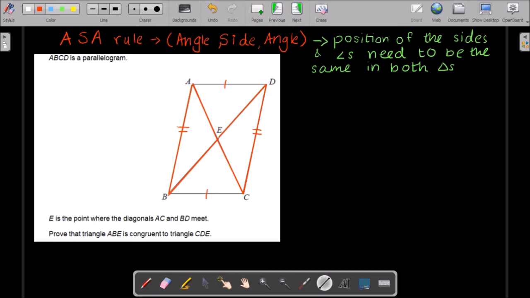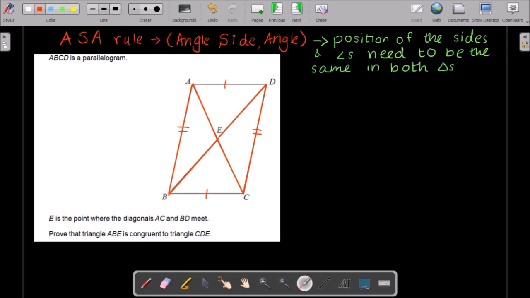So when I'm talking about the positions, I have to be very careful of the location of the sides and the two angles I've used. Suppose I use this angle here and this angle here, both of them have to be located opposite that side.